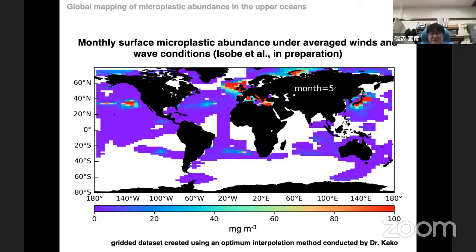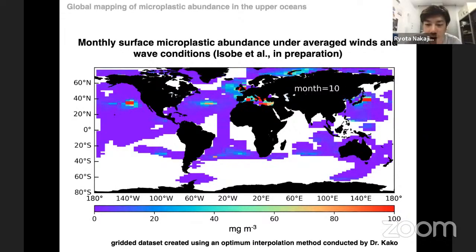Someday I want to make a 3-dimensional numerical model to reproduce the entire ocean plastic circulation, including the biological processes. This is my future target. Thank you very much, Atsuhiko. We're really looking forward to the 3D modeling with biology.